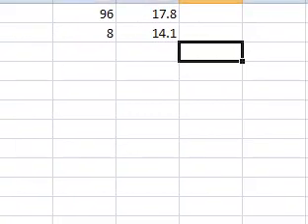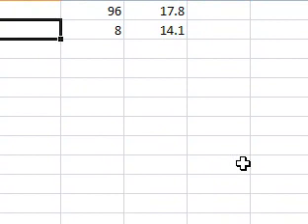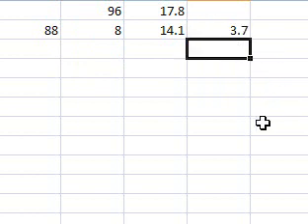Okay, there are basically three methods on how absolute zero can be determined for this. First, I'm going to show you the quick one. Notice that between 96 and 8 degrees Celsius, there's a temperature difference of 88 Celsius degrees, and between 17.8 and 14.1, there is a pressure difference of 3.7 psi.